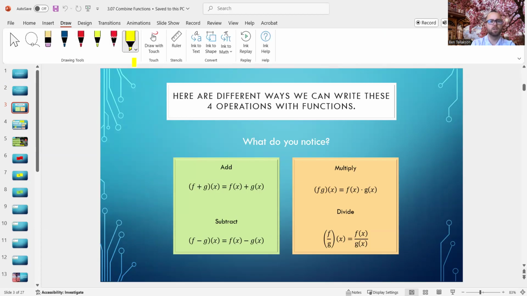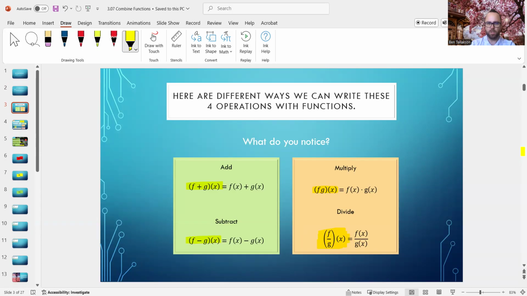Let's take a look. What's going on the left side of all of these equal signs? That is where we're being told what's happening. We're going to add function f and g, and then of course of x, because you can plug in different x values and see what you get out. But on the right, we're also showing the same thing in a different way.